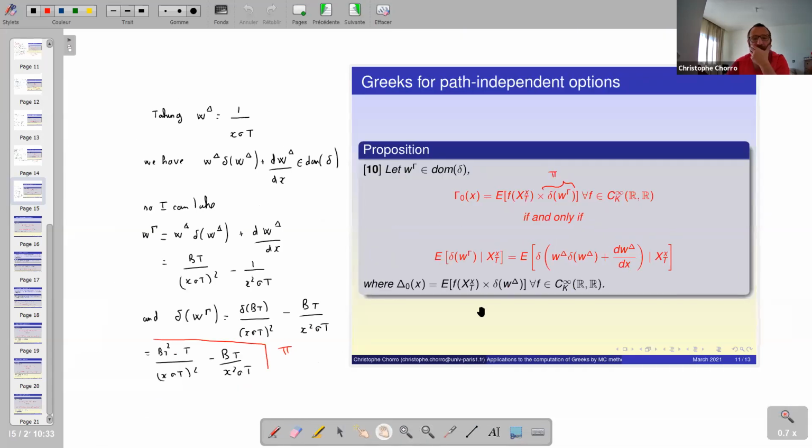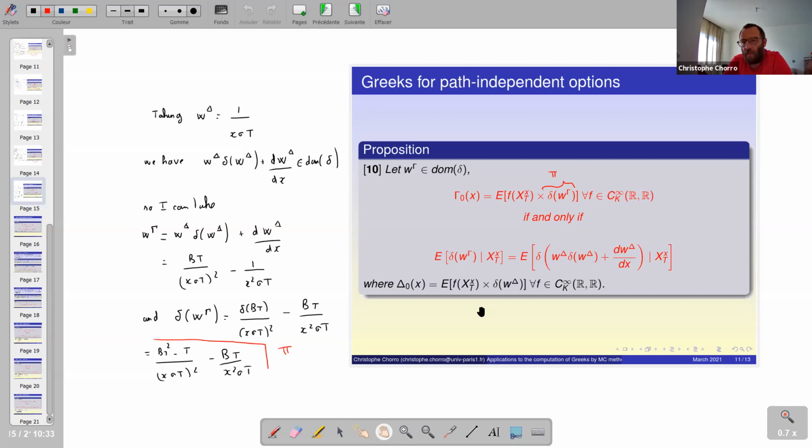Okay, so I have this. But at this stage, it means that for path independent options, we have obtained by proposition 9 and proposition 10 the way to obtain weights for the delta and the gamma in this case, okay?